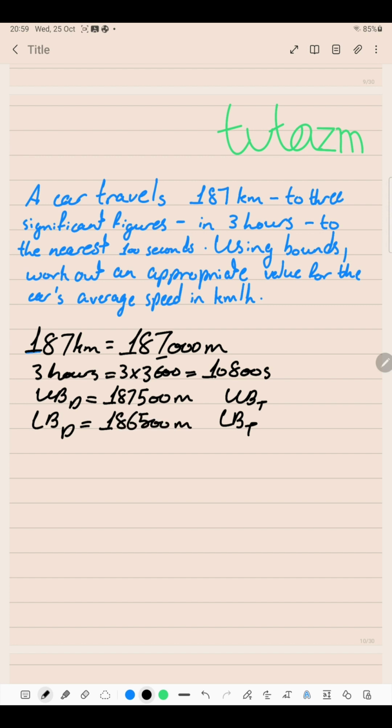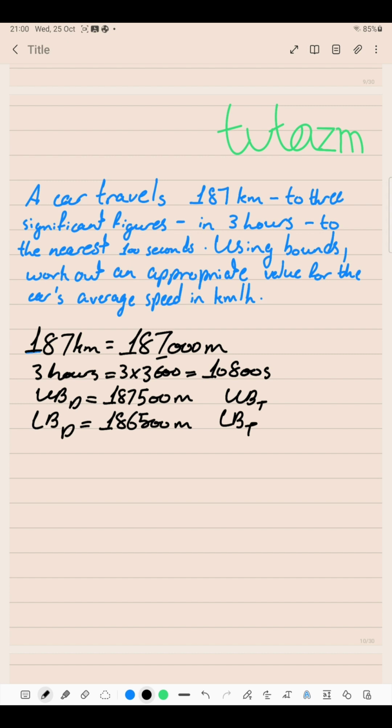And our lower bound for the distance would be 186,500 meters, because 186,500 is the lowest possible value that would round up to 187,000, and 187,500 is the value at which the values will no longer round to 187,000.